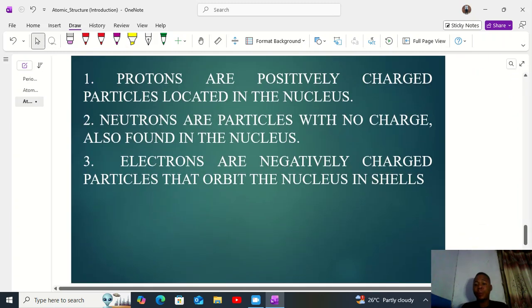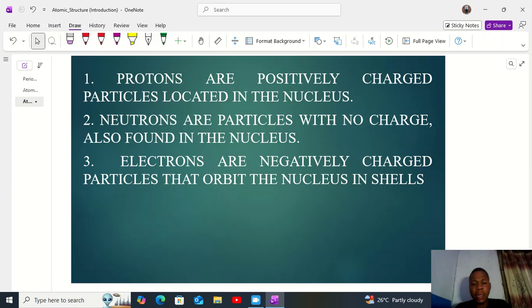The protons are positively charged and they are located inside the nucleus. The neutrons have no charge, so they are electrically neutral, and they are also located inside the nucleus. The electrons are negatively charged and they are outside the nucleus. They orbit the nucleus in shells.